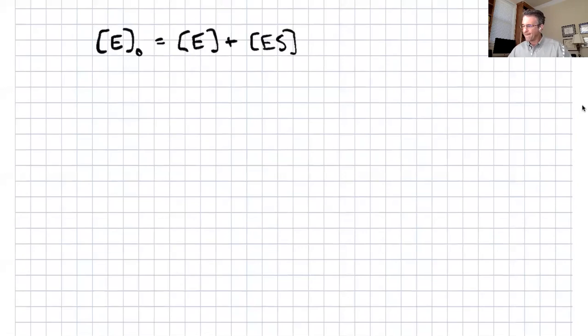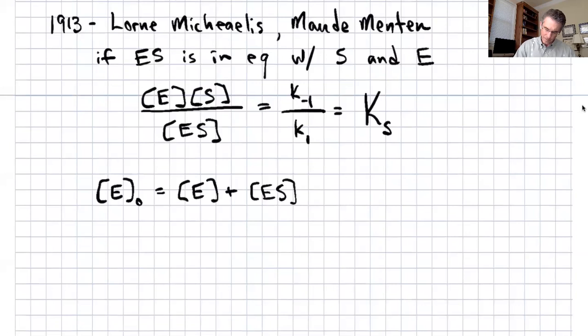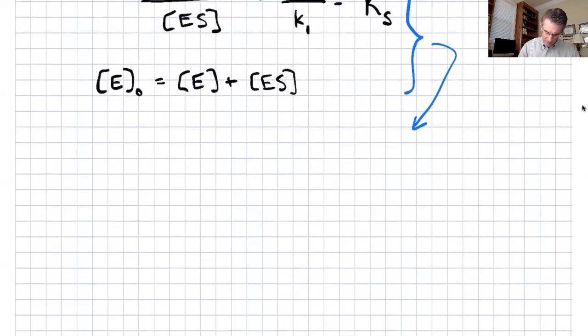That's cool, because now I can combine these two and make some progress. I need to get rid of some variables in this equilibrium constant expression. I've got the same variables here, so I'm going to solve my total enzyme for free enzyme, which is just going to be total minus the enzyme substrate complex.